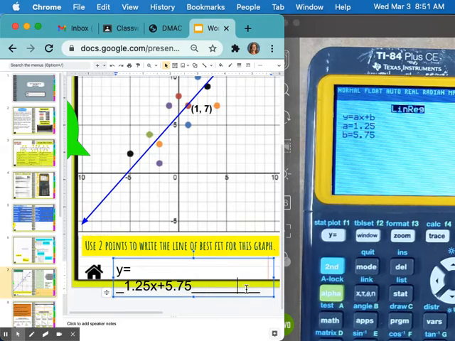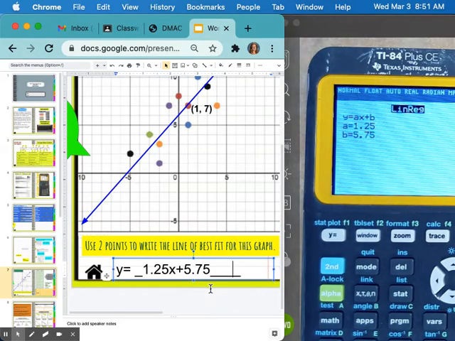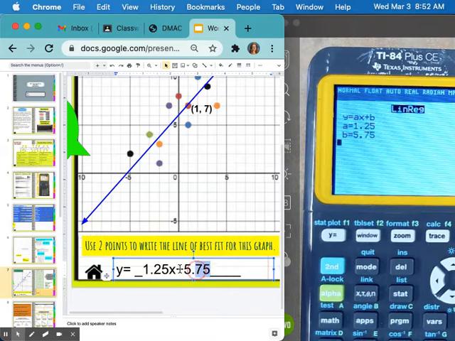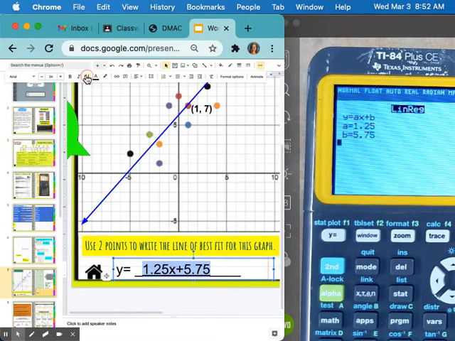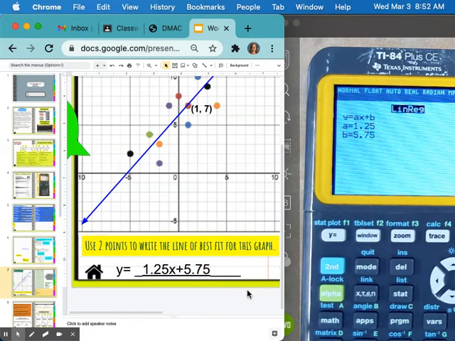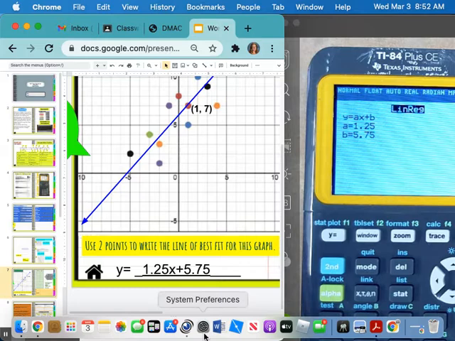I'm going to take away that so it's all on the same line. And underline this. There we go. Okay, so this is the line of best fit for this line.